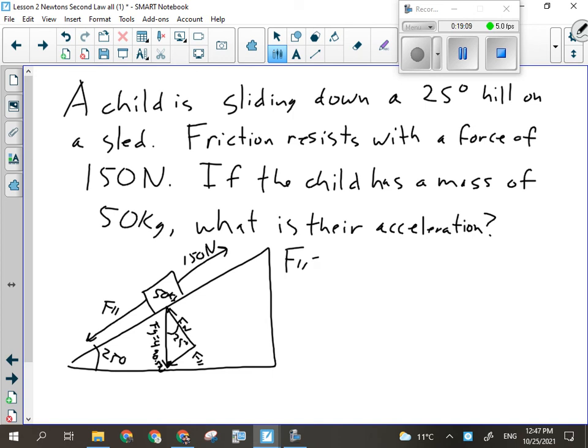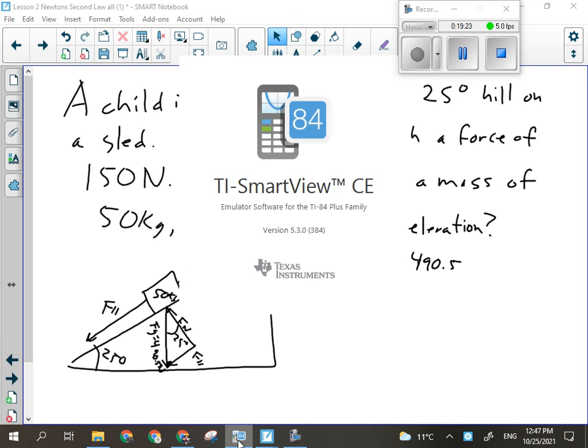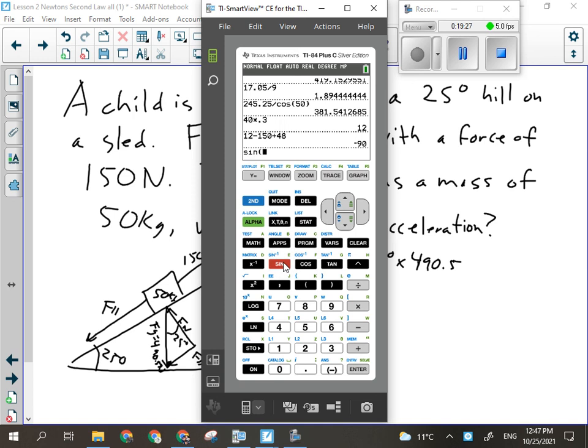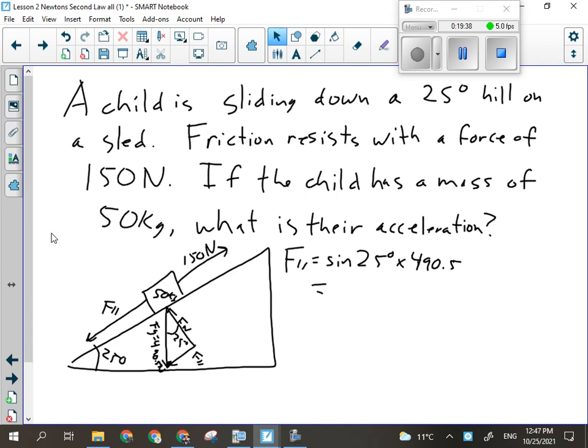So F parallel will be the sine of 25 degrees times 490.5 newtons. So sine of 25 times 490.5. All right, so force parallel is 207.29 newtons.